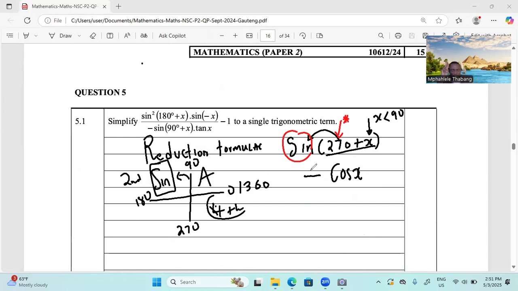Actually, there are two instances where the trig ratio changes: when there is 90 and when there is 270. So this is the idea of the reduction formula, and the examiner here was testing the idea of the reduction formula.